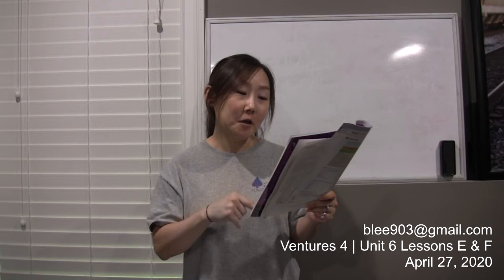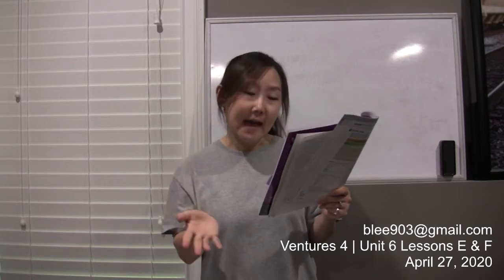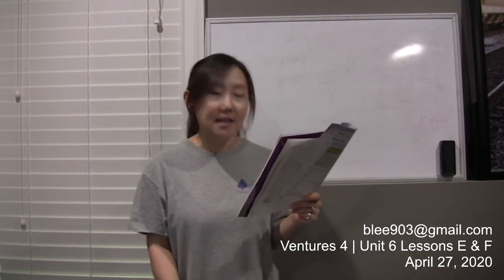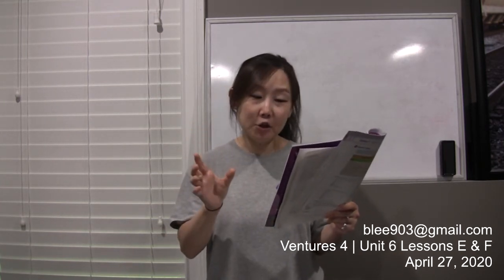Such a tall burger. Okay? And then the next picture. That car is so fast, you should drive carefully. This time I used so plus adjective. So fast. And then I didn't include that this time. I just omitted that. So that is optional.